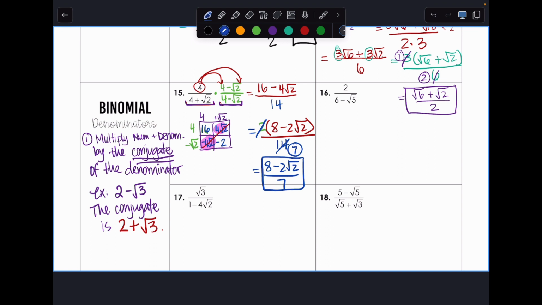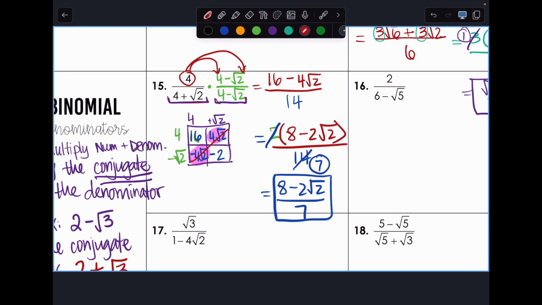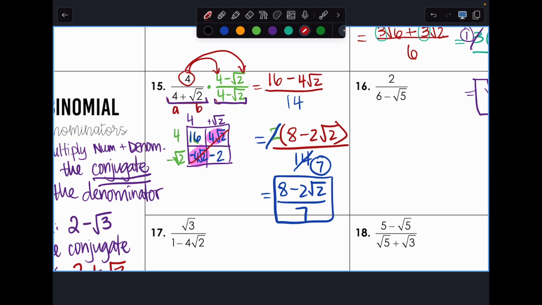Did you guys notice it's a difference of two squares in the denominator yet? Yeah. Okay, so I'm going to try to compare this with A and B. This one's plus, this one's minus, right? Then if I have these two factors, what are they going to become? A squared minus B squared, right? So what's the square of 4? 16. 4 times 4 is 16, yes?